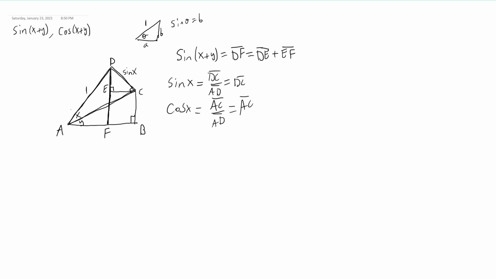So this length here is cosine of x. I'll draw that in a different color so it's not as confusing. One second, I really need to change the software that I use. That length is cosine x.